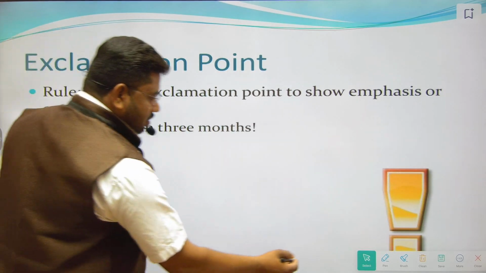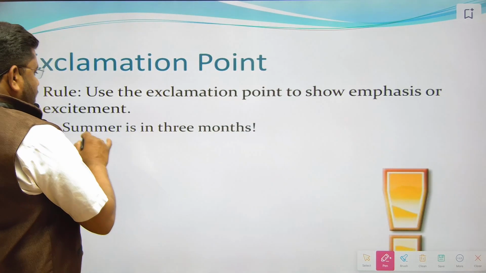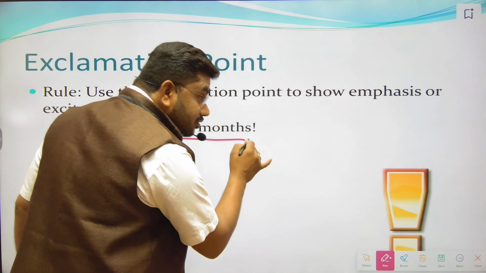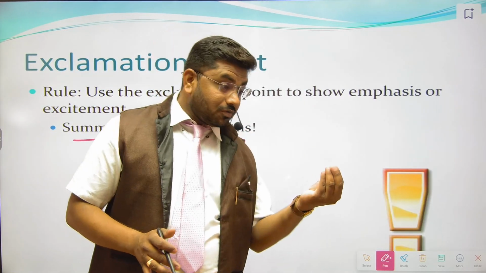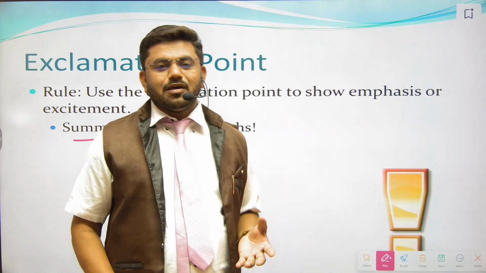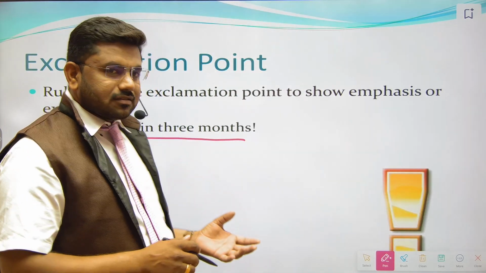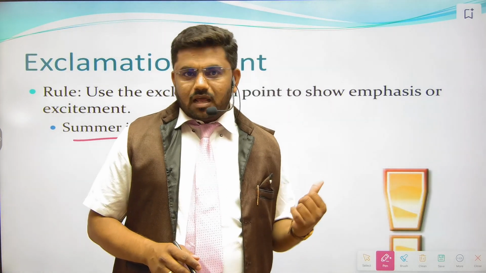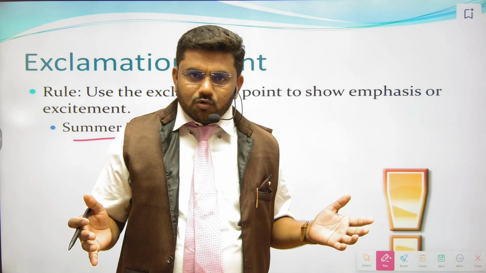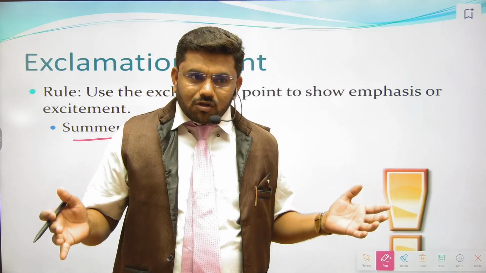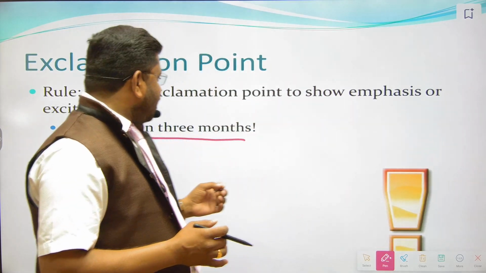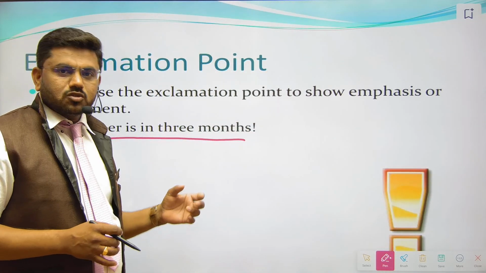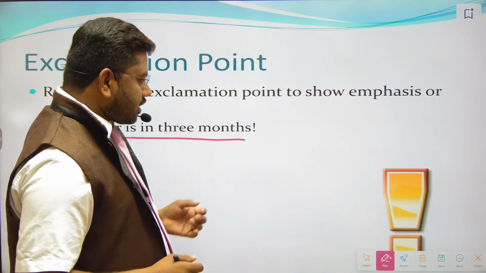One example we have taken here: summer is in 3 months! In this manner, what a beautiful flower! In this way also, at the end of the sentence we can put the exclamation mark if you want to show excitement. Words like marvelous, wow, in front of that also we can put the exclamation mark.